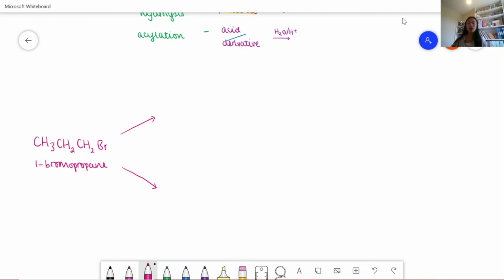So our primary alcohol would be propan-1-ol, and this is because we've used the OH- as our nucleophile. And so we would have aqueous NaOH as the reagent.